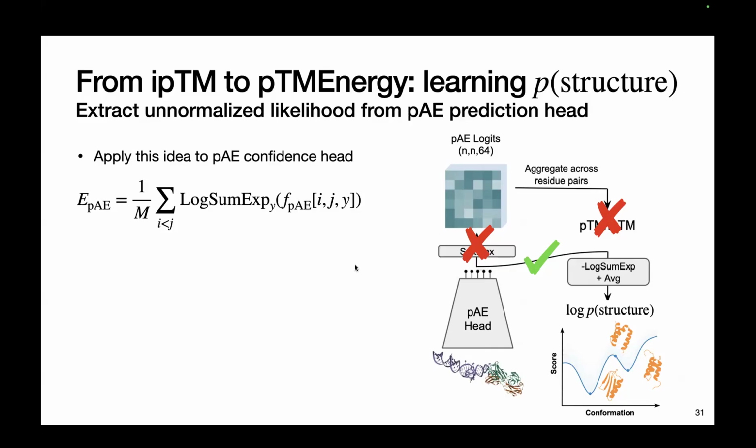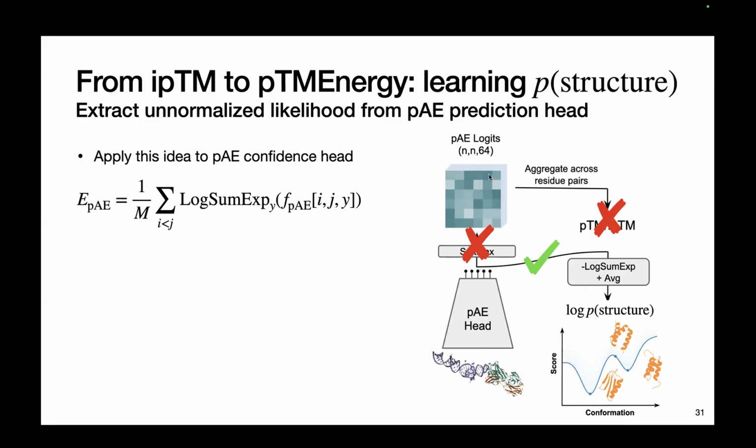So we can apply this idea to this PAE classification head. Now we can calculate the unnormalized likelihood, AKA the statistical energy of a predicted complex, using this joint energy modeling framework.